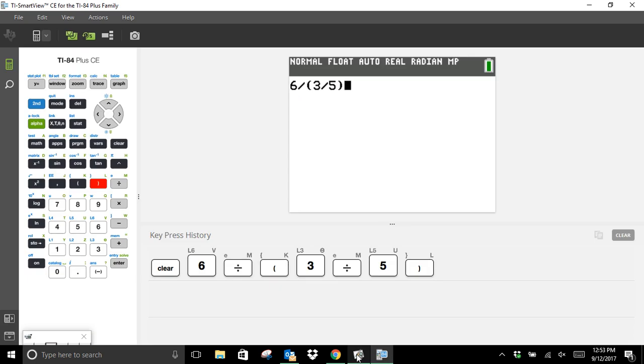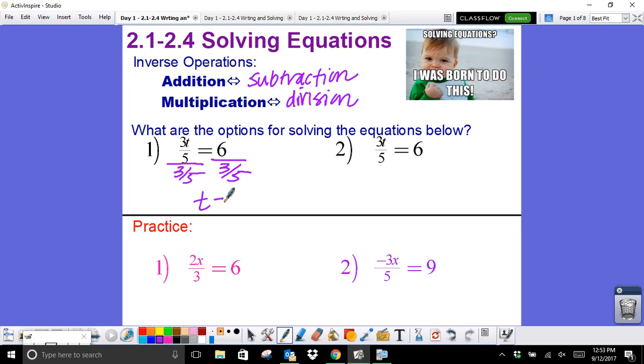Yeah. Okay, so make sure yours looks like mine, and then I'm going to press enter, and there we go. There's my answer of 10. So t is equal to 10. So just make sure every fraction that goes in needs to go in parentheses. If you need to write it like that when you write it to help remember, then do that. Okay, so that's one way.